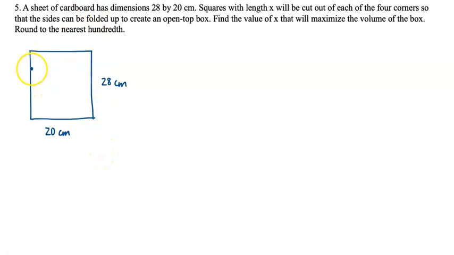So I'm cutting squares of length and width x out of all four corners. We've got length and width x of each of these squares.